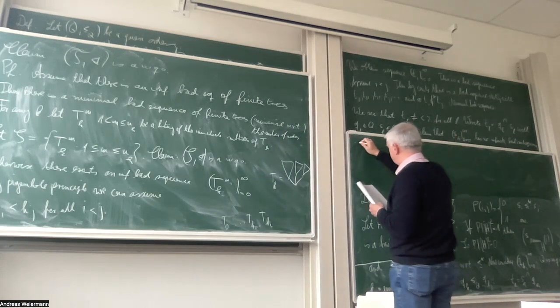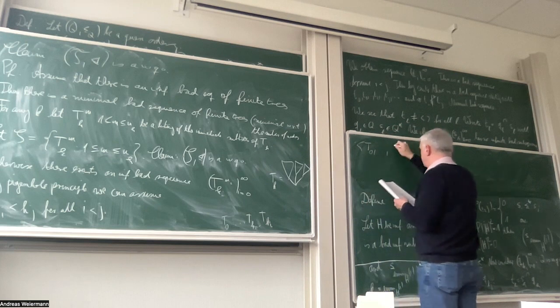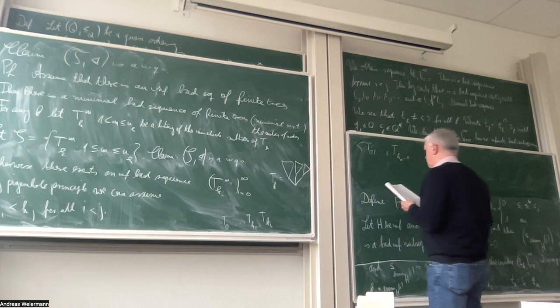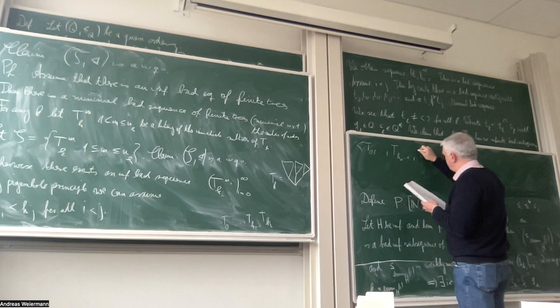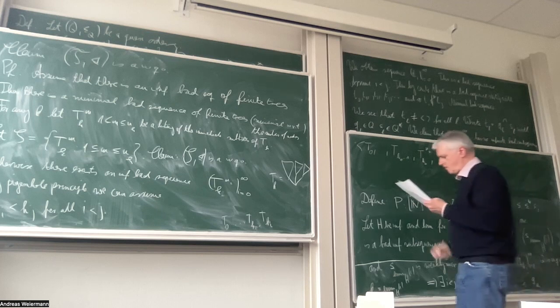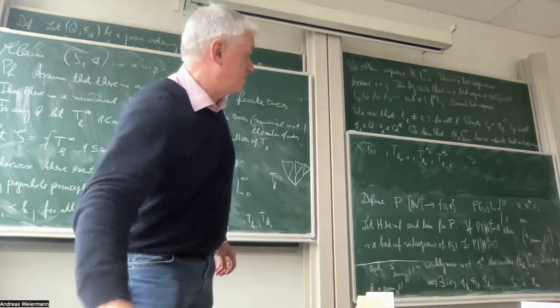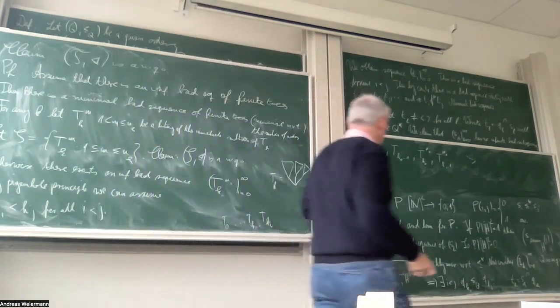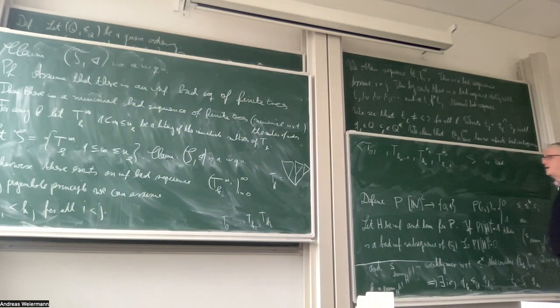Consider the sequence of finite trees. Here, the first t k0 minus 1 many. Then we have tk0 n0, tk1 n1. Now we claim that this is a bad sequence. Why is this the case?